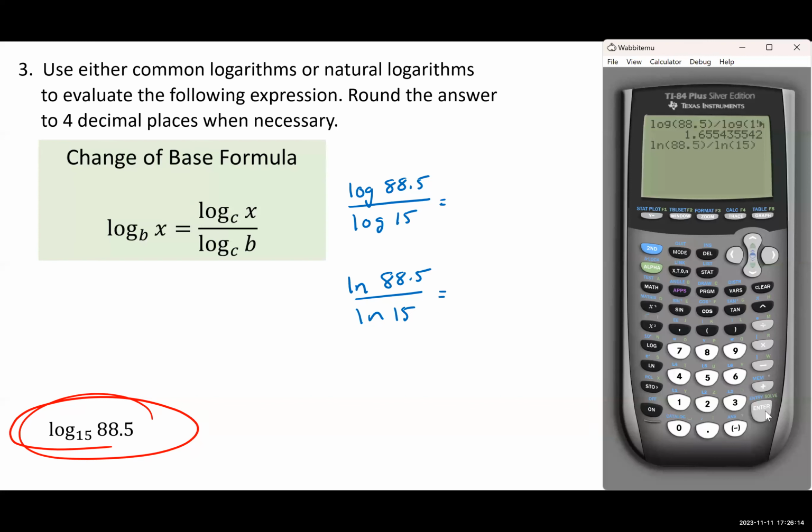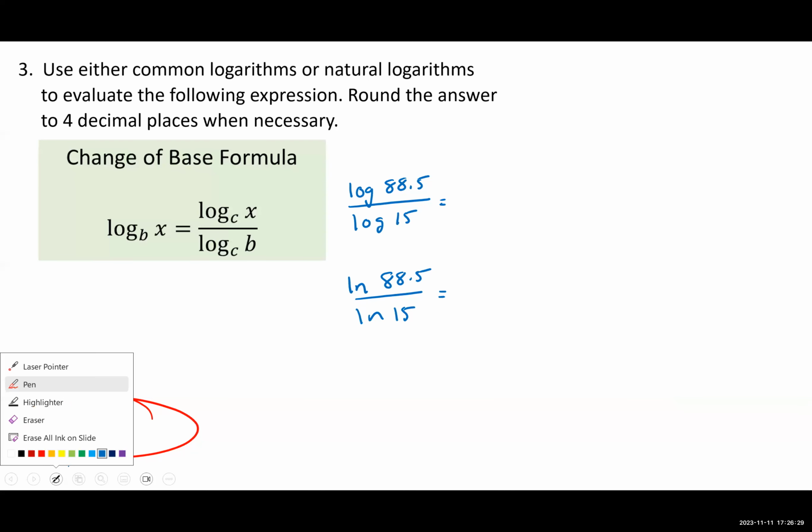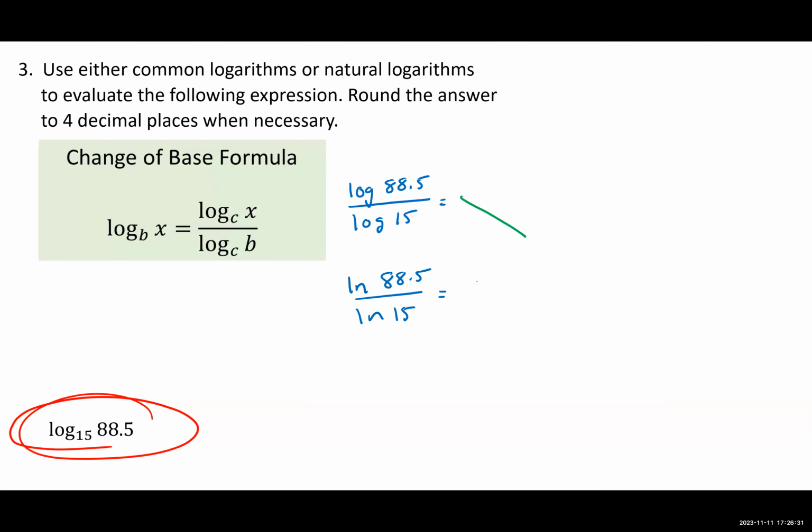We should get the same. Yep, there it is. And we're rounding to 4 decimal places, so it looks like 1.6554. So it doesn't matter if you're using the common log or the natural log. Either one works.